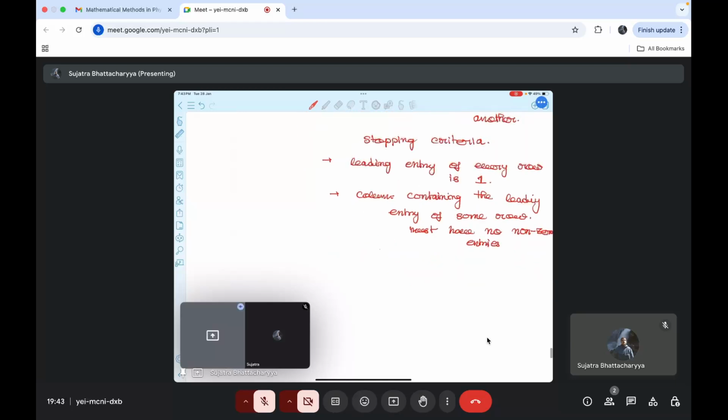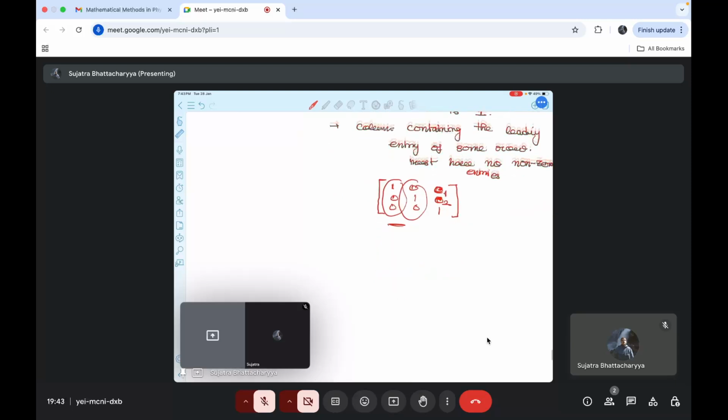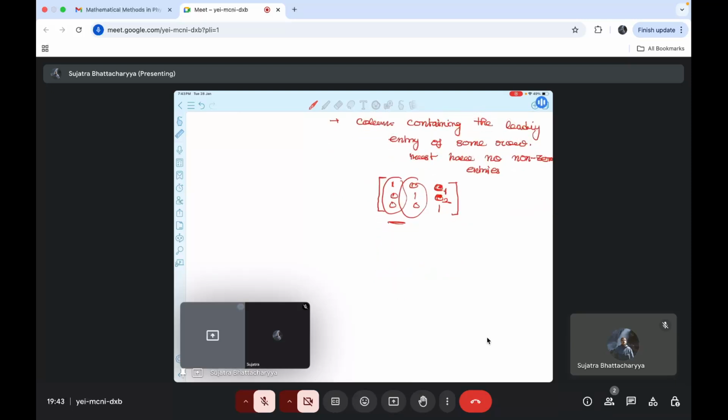So suppose you have 1 0 0, 0 1 0, 0 0 1, kind of an identity. Not necessarily that the rest will be completely zeros; C1, C2 can also come, any number, but this is how the row reduction form looks.